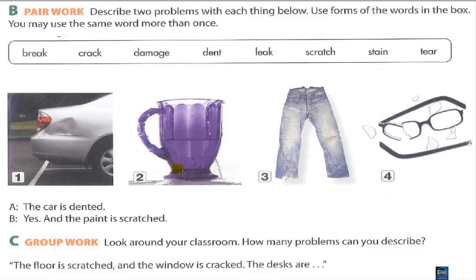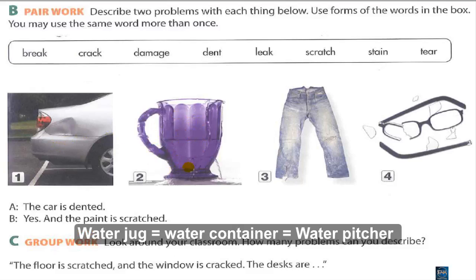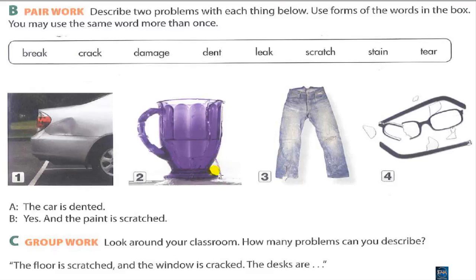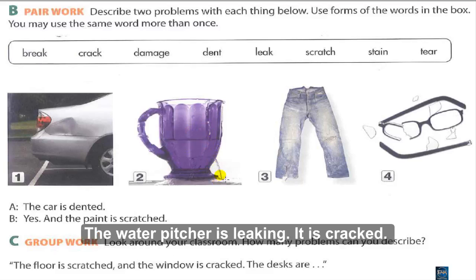Second problem, look, what do you see here? What's this? This is a water pitcher, a water jug, and you have here some water. So I can say it's leaking. It has a leak. The water pitcher is leaking.